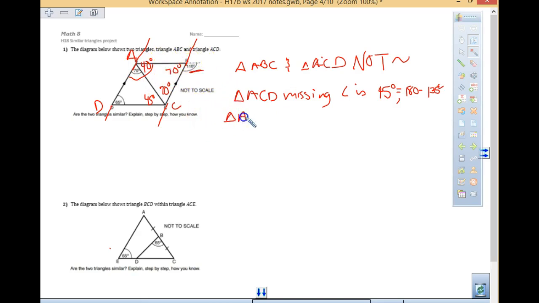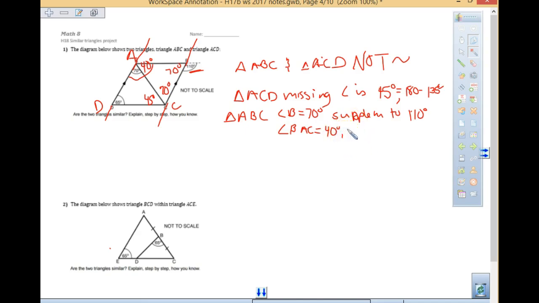So in triangle ABC, we had angle B equaling 70 degrees because it was supplementary to 110. We said that angle BA, and we're going to use three letters, BAC was equal to 40 degrees. Write this down with number 1.